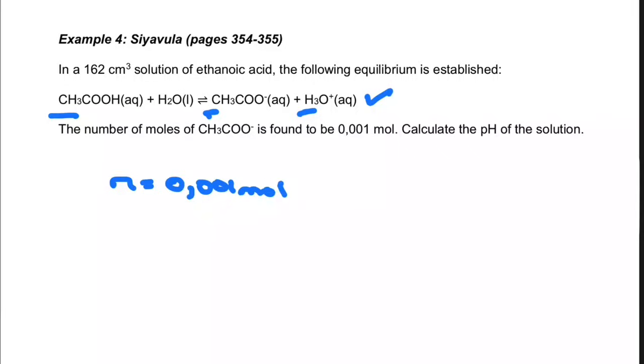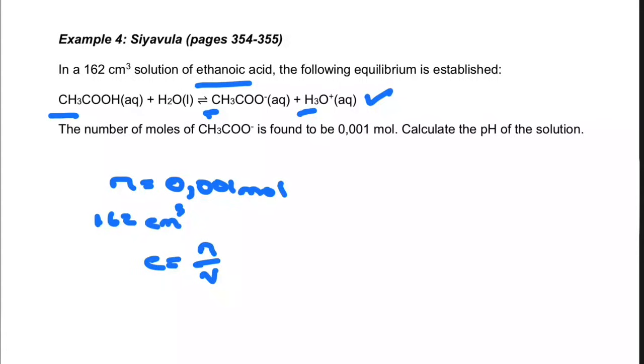We've been given the volume of the ethanoic acid as 162 centimeter cubed. But using the formula C equals n over V, the volume should be in decimeter cubed, not centimeter cubed.